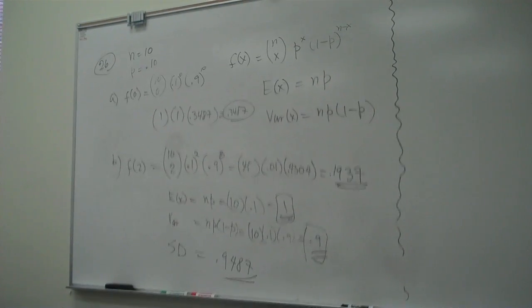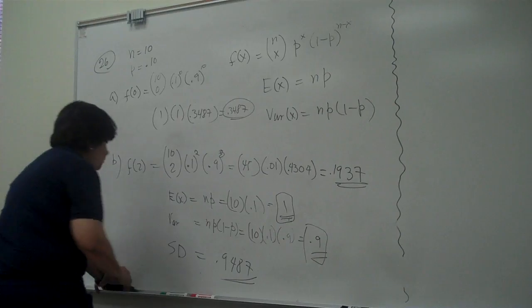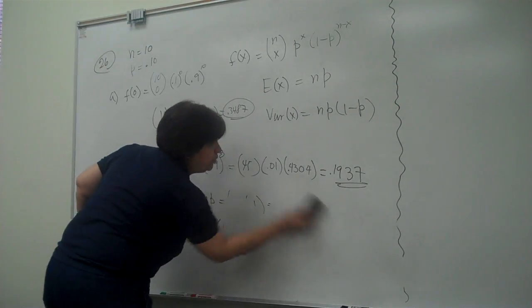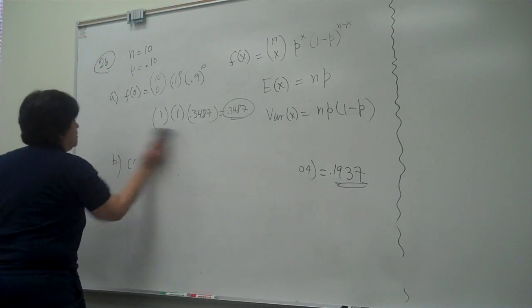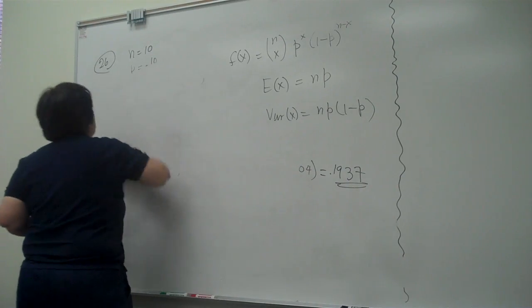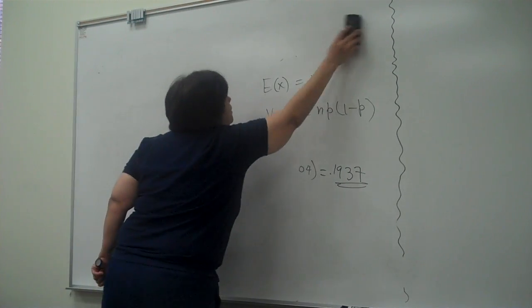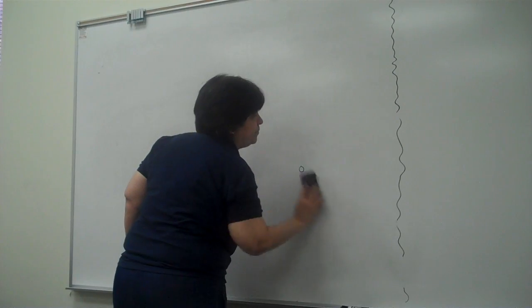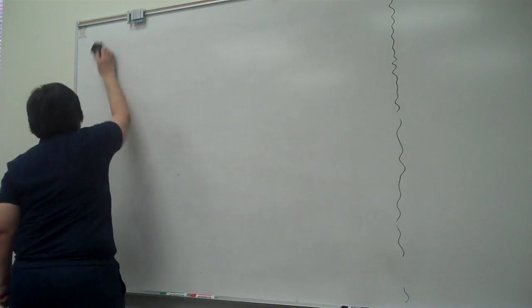Okay, now let's go to the Poisson distribution. The Poisson distribution is another discrete probability function.